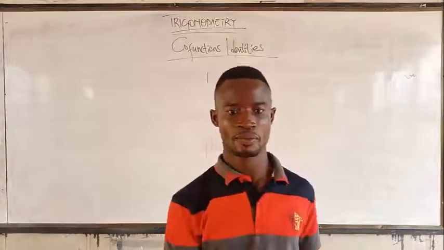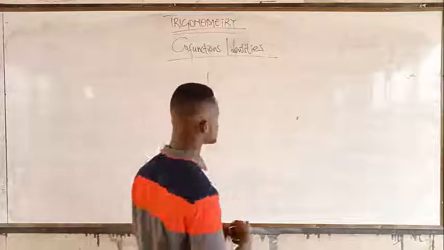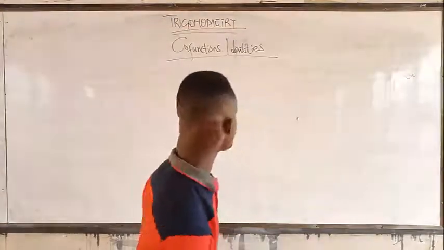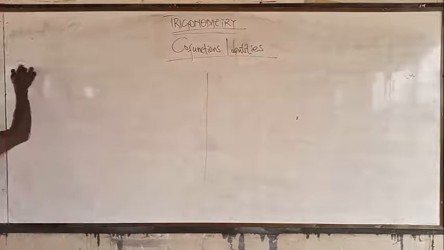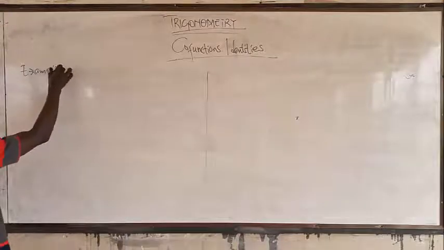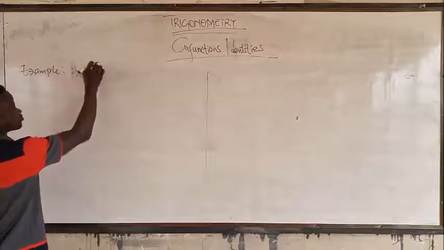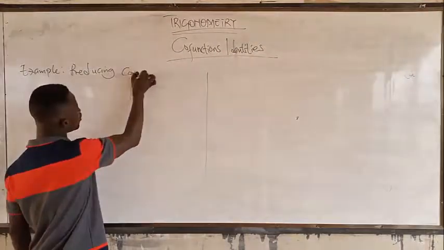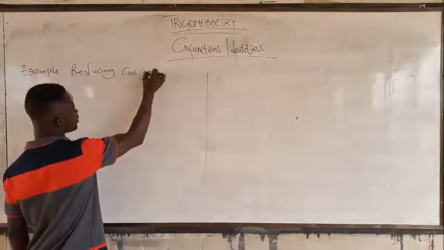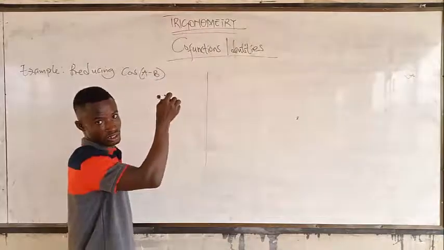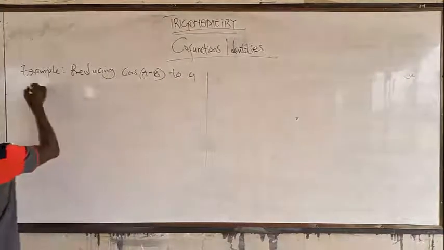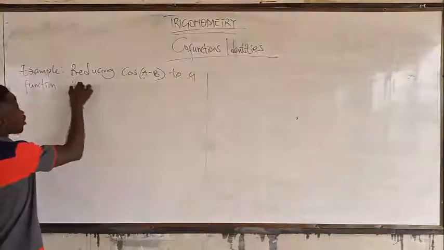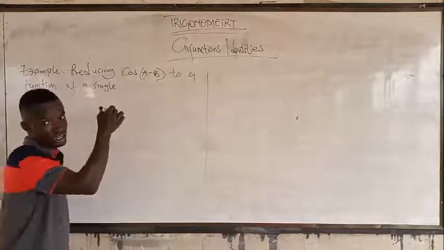So example 3 is reducing cos A minus B to a function of a single variable.